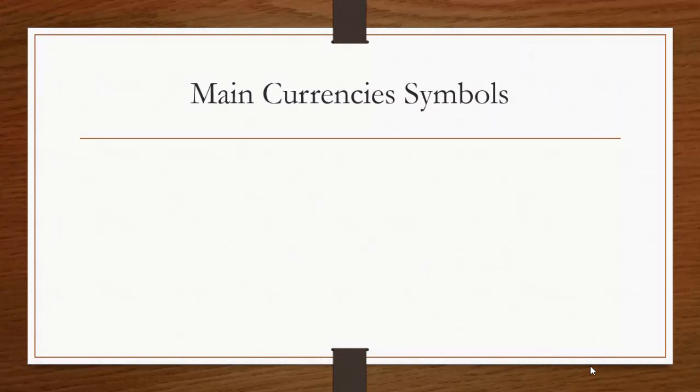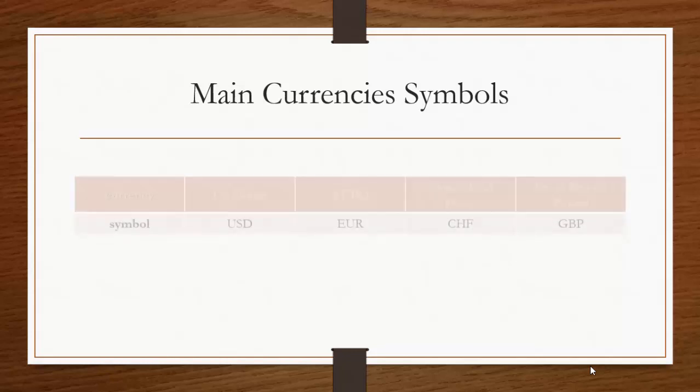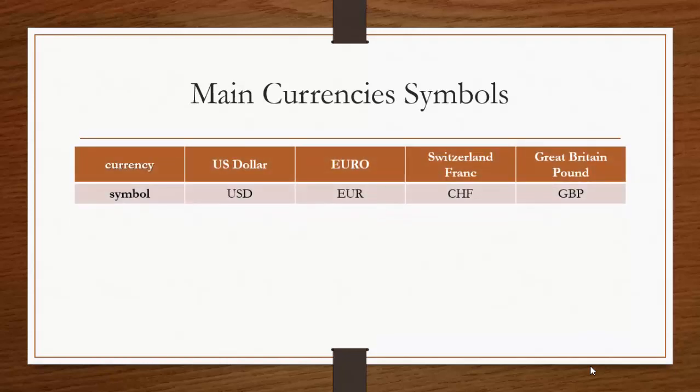Let's start with main currencies symbols. In Forex, we use symbols to show the currency we want to sell or buy. These are the symbols of main currencies in this market.